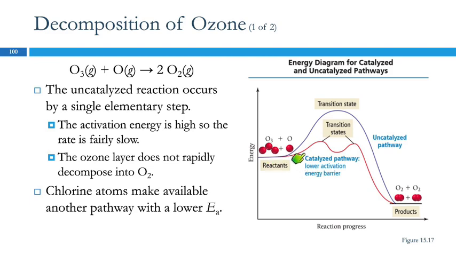When we add a catalyst, it causes the mechanism to change, so the activation energy is less. So it turns out chlorine atoms do this. They help ozone decompose into oxygen by creating a different pathway.